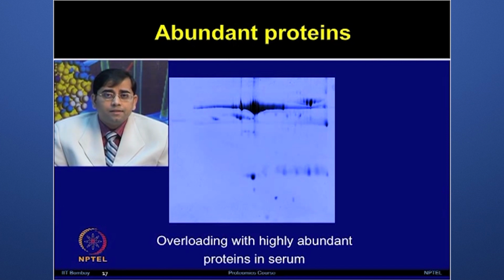Abundant proteins are one of the major interfering components which can be easily seen on the gel. If you have a serum sample, there are many interfering components present, including abundant proteins such as serum albumin. In plants, one can expect Rubisco as a very large protein present in the leaves.